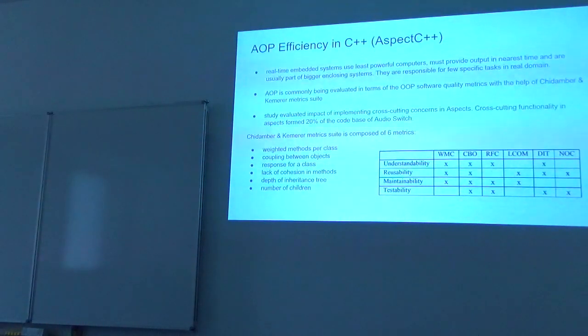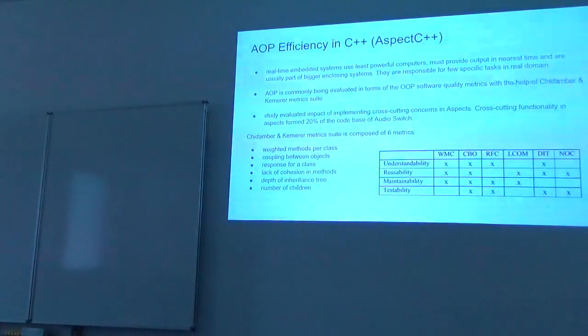These are just two different things. And they were able to show that the introduction of AOP to their software project helped increase both of these characteristics, that is performance and software quality attributes, and I will show you how.